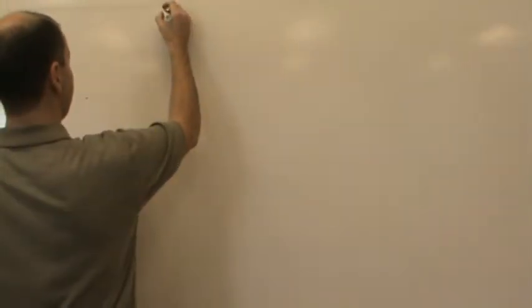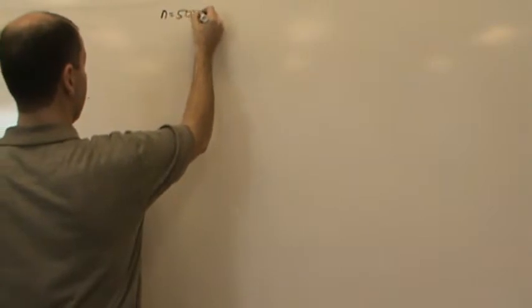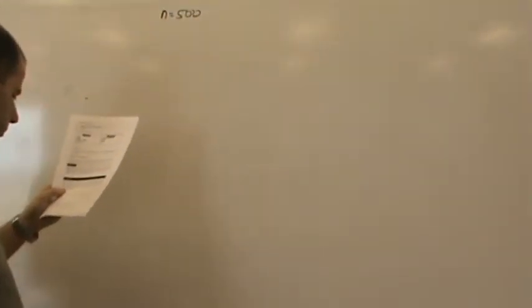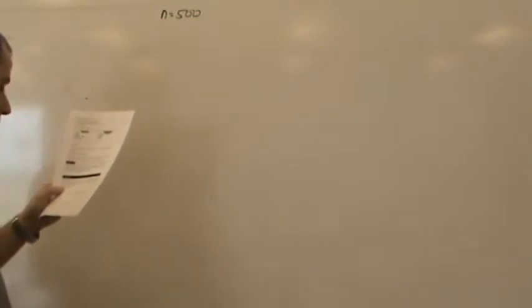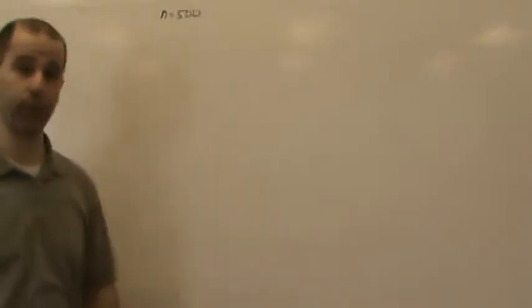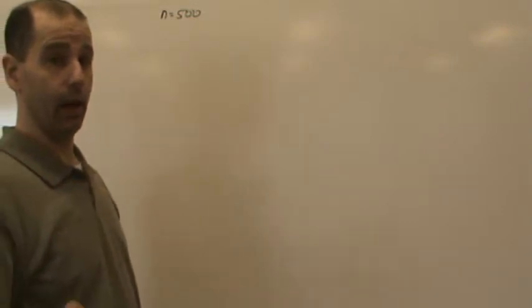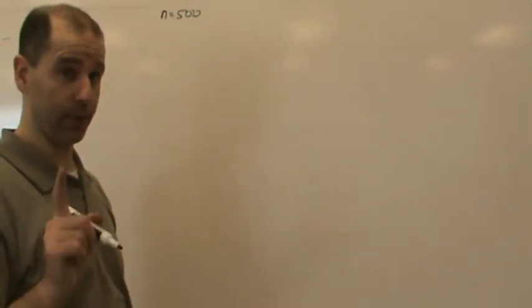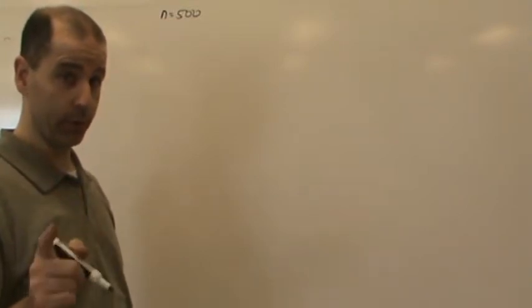So what is the sample size? 500. So n is 500. Now, of the 500, he finds that 59.7% of them are registered voters. That's your p hat. Always read the problem carefully and make sure of what they're giving you.